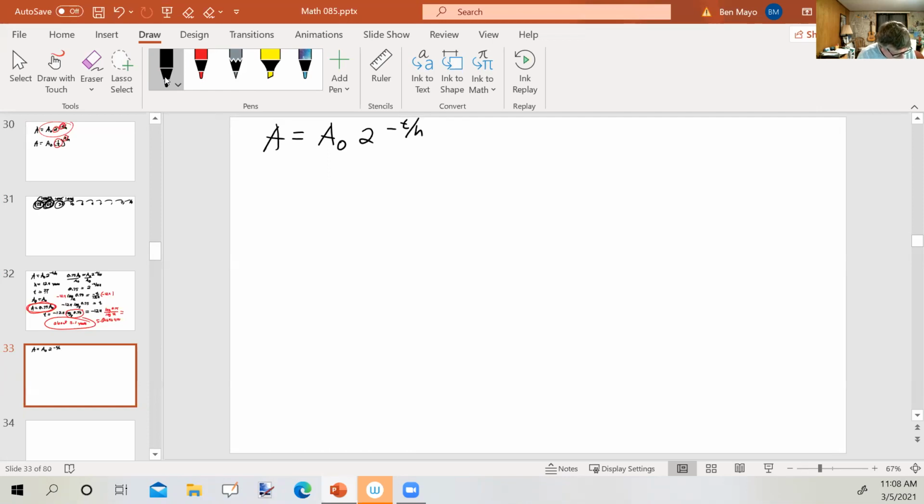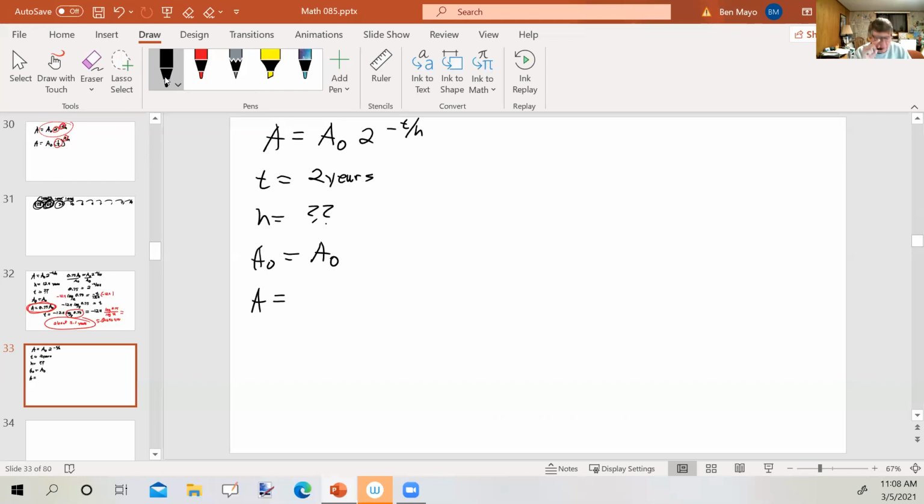It says radioactive decay. In 2 years, 20% of a radioactive element decays. Find its half-life. So we know the time for this one is 2 years. We don't know what the half-life is. We don't know the starting amount, so it's just going to be A naught.